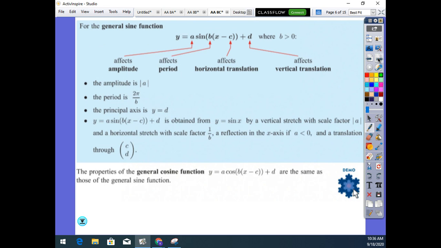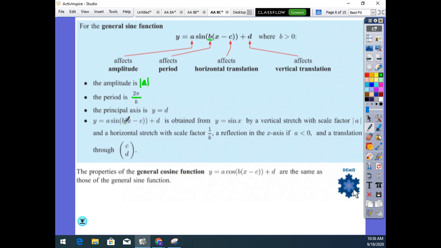All right, so that's your basic, just focusing on each piece. And now this kind of puts it all together. So you might want to pause the video and get all of this copied down. Notice absolute value of A. Divide the 2 pi to find the period by the B, the coefficient of x.